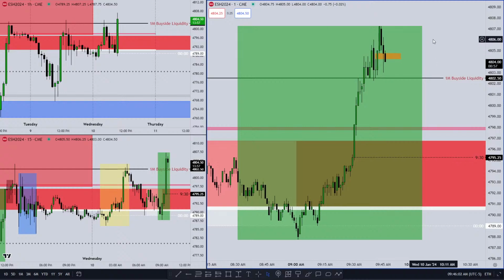I mean, to make it super simple, there's two options. Uses this and attacks the high again, or uses this and turns as inversion, meaning what should have been used to take it higher is used to take it lower. And we're above this buy side, so I like that.